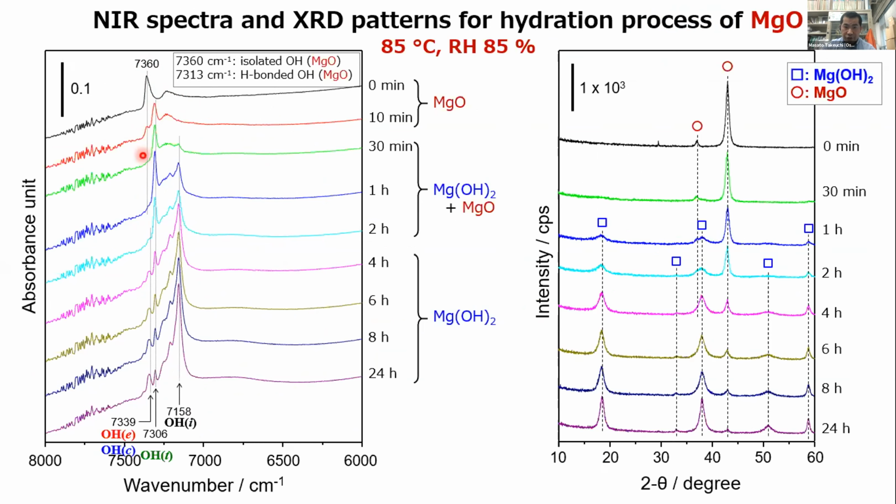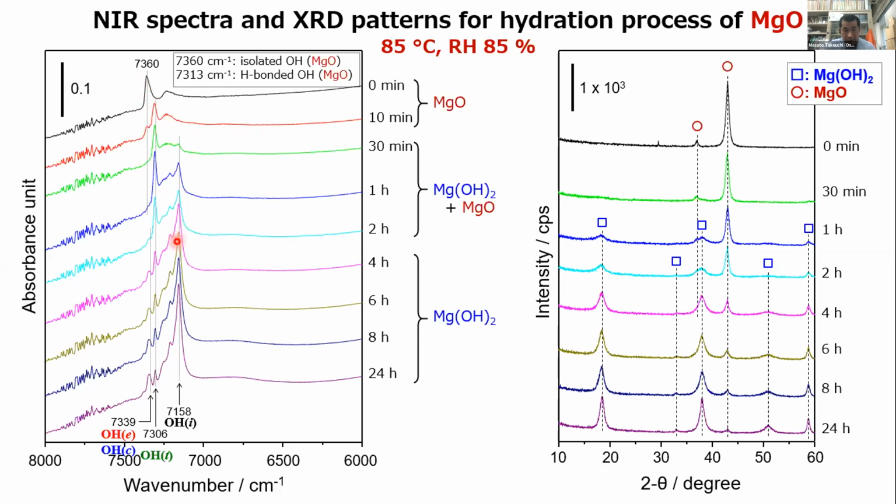After hydration for 10 minutes, this band changed to here. This band can be assigned to the hydrogen bonded hydroxyl groups of the MgO surface. And after 30 minutes, we could find a small band here.